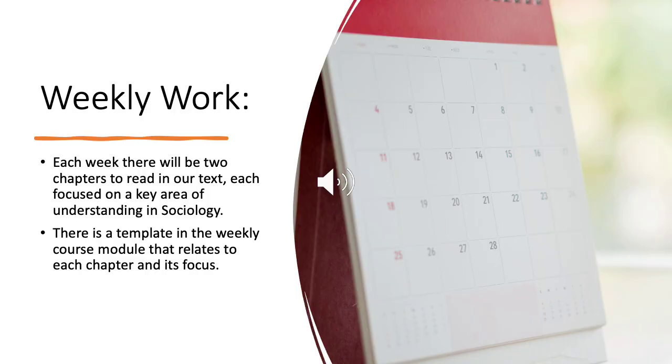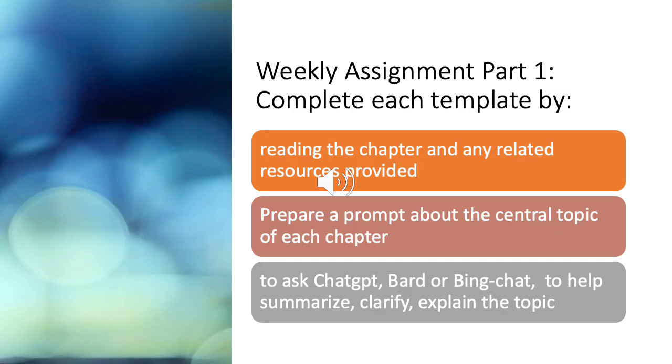So here is your weekly work. Each week there will be 2 chapters to read in our text, each focused on a key area of understanding sociology. There is a template in the weekly course module that relates to each chapter and its focus. The first part of your weekly assignment is to complete each template by first reading the chapter and any related resources provided.